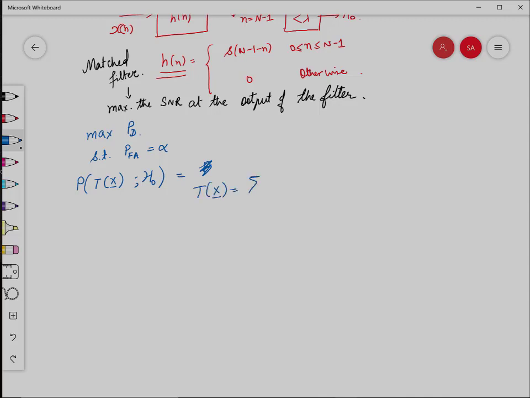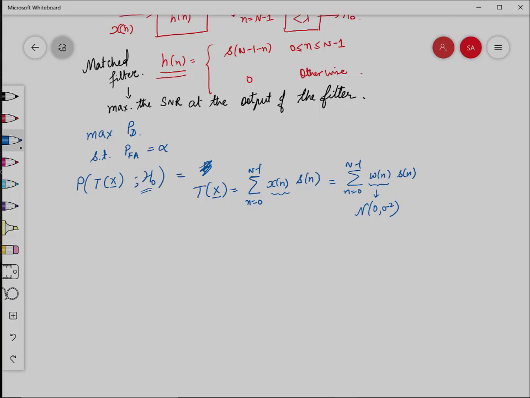T(x) is equal to the summation of x[n] times s[n], n goes from 0 to capital N minus 1, and under hypothesis 0, x[n] is w[n]. So this is the summation, n equal to 0 to capital N minus 1, of w[n] times s[n]. Please note here that w[n] is white Gaussian noise, so these are Gaussian distributed with mean 0 and variance sigma square.